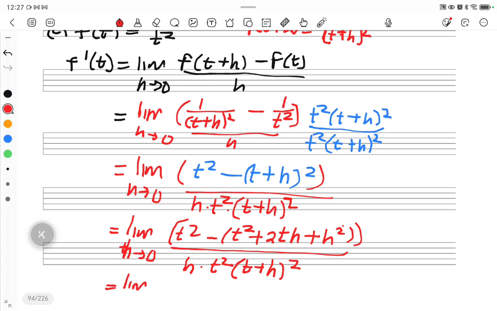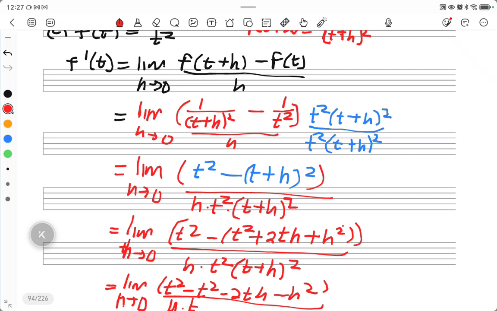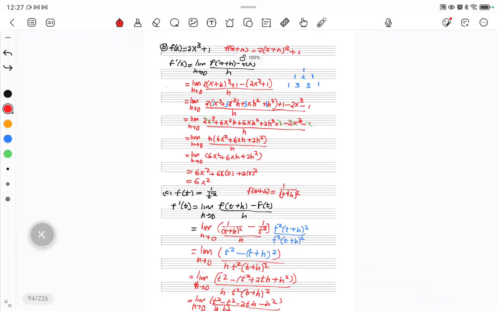And this will be the limit as h approaches 0 of t squared minus t squared minus 2th minus h squared all over h times t squared. Oh, this thing doesn't want to write. Okay, it's fine. Let me erase it here. I'll write it on the other side.